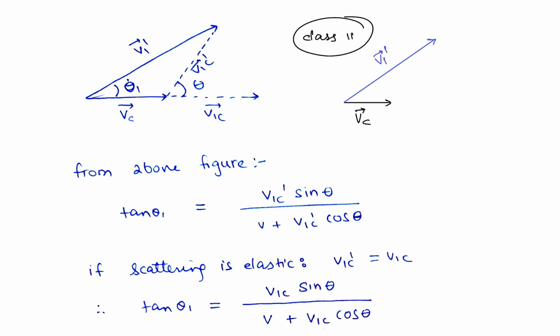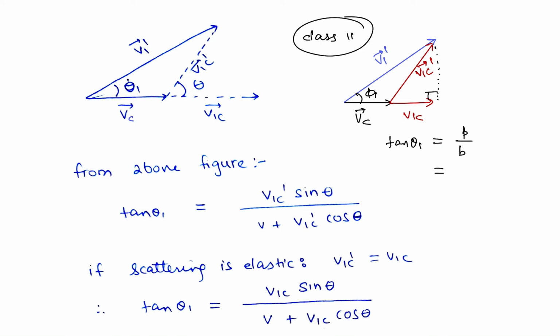This is the vector v1 prime, and prime means it is after collision. This is v1c prime, and here we have vc. So what you do in such cases is draw a perpendicular. This is theta 1. Now in the outer triangle, you apply tan theta 1 is equal to perpendicular by base.